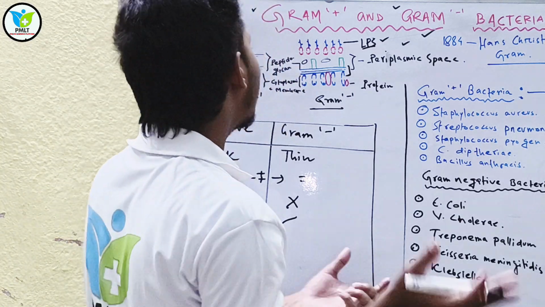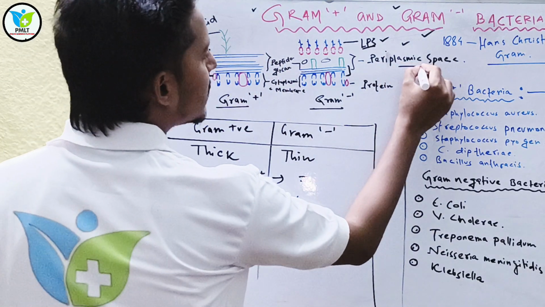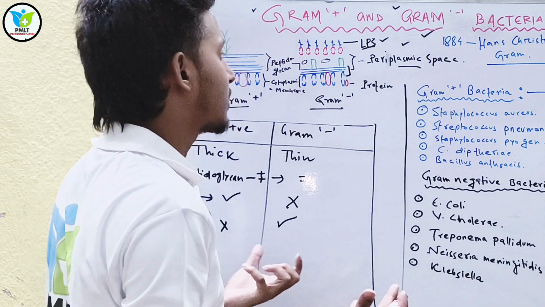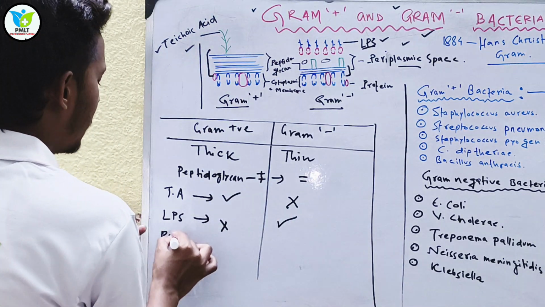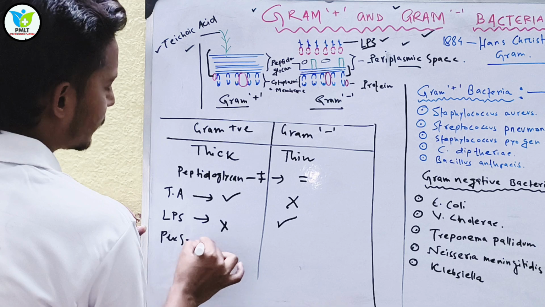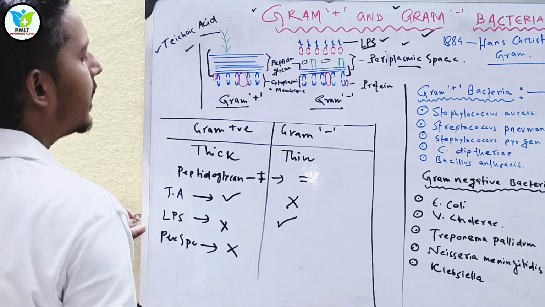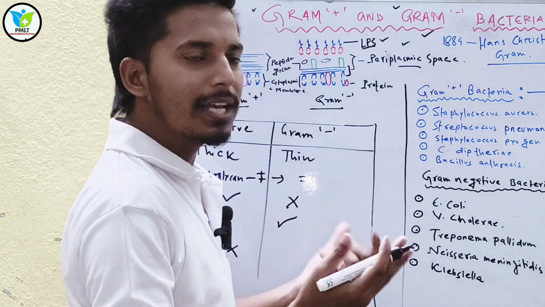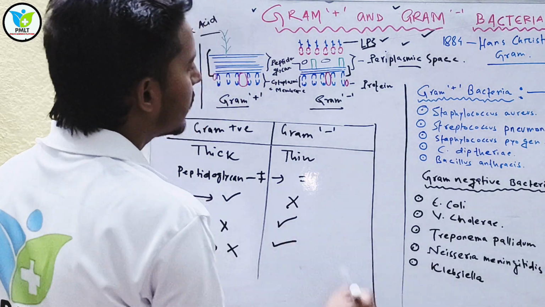After that, a periplasmic space is present here, and here it does not contain any periplasmic space. Gram-positive bacteria do not contain any periplasmic space, and here it is present.